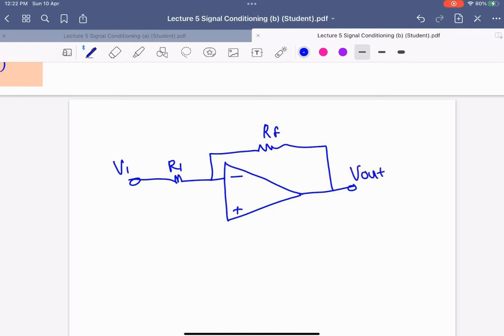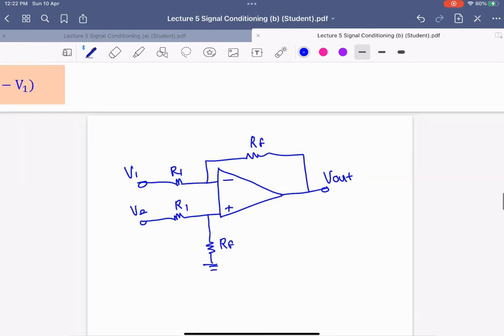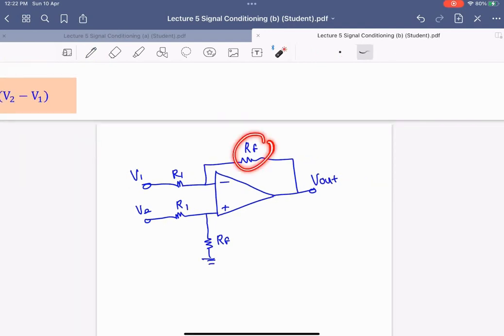To make it differential, we use both the inverting and non-inverting terminals. So you have another input V2 with R2, and after that, at this point you pull down to ground. The value you use is RF, and this one is R1, so both are the same. RF, RF, R1, R1.